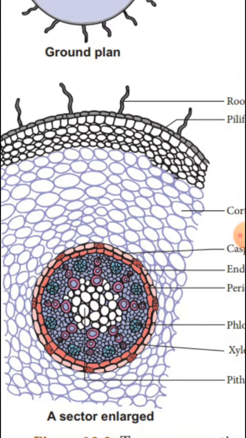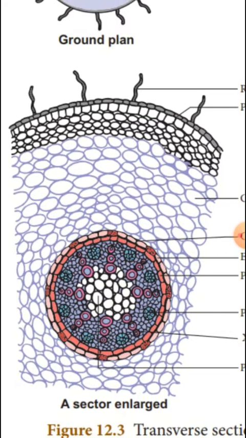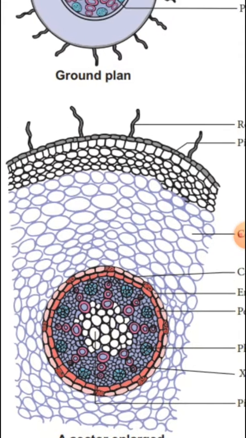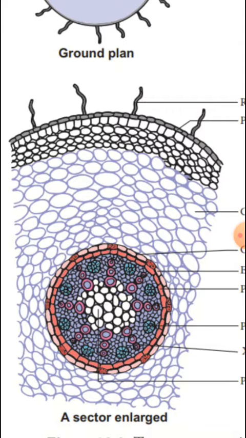This region produces root hairs which are tubular in outline, and they perform the function of actual absorption of water from the soil. In older parts, epiblema is shed off and it becomes impervious.